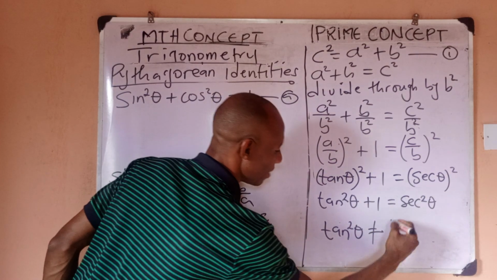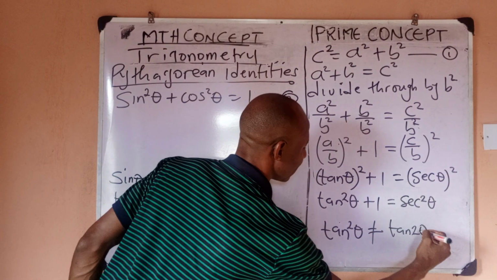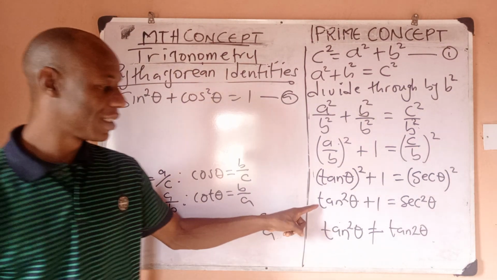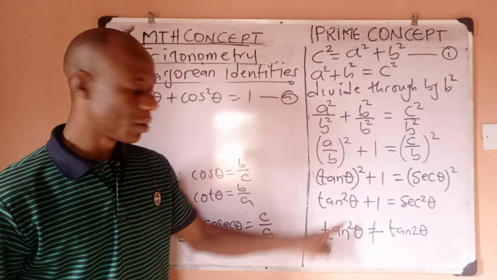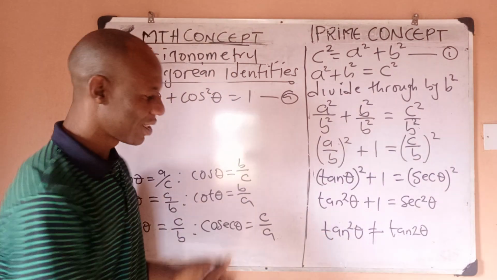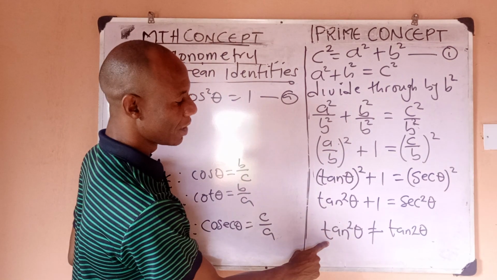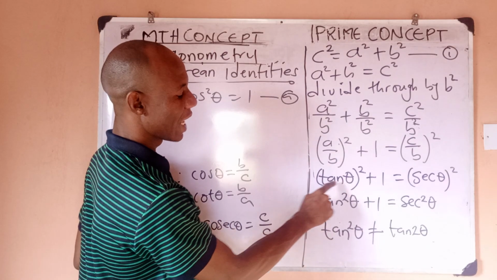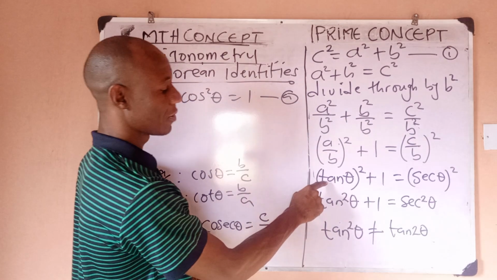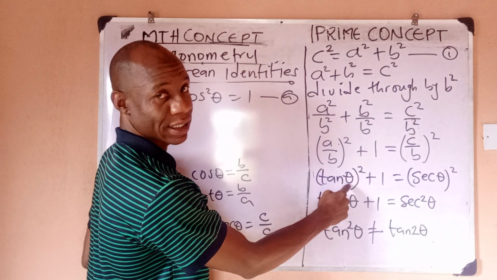Please and please, there is need for me to emphasize that what you're seeing, tan²θ, is not the same as this. These two things are not the same, so please don't make this mistake. This is tan²θ, but this one is tan 2θ. What is the difference? This one simply means you first of all get the angle's tan. Let's say you want to find tan²30. You first find tan 30.